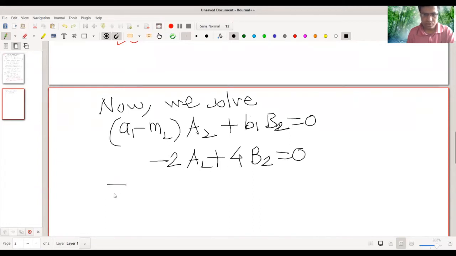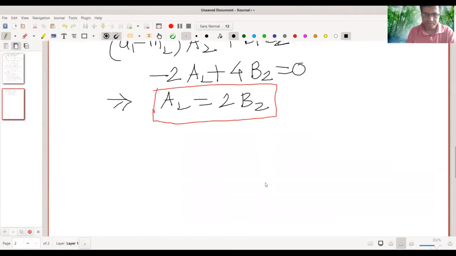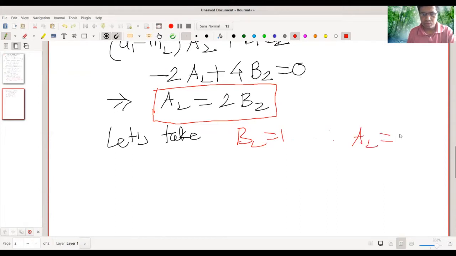This gives A2 equal to 2B2. Again, we have infinitely many solutions, and we may take any non-zero one. So let us take B2 equal to 1 and therefore A2 is 2. This is another set.